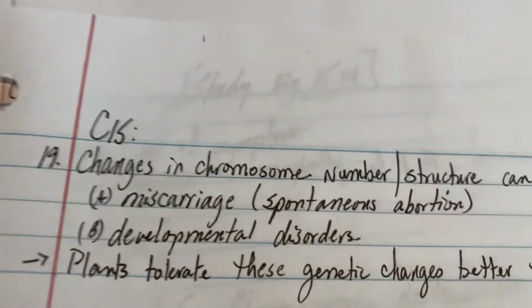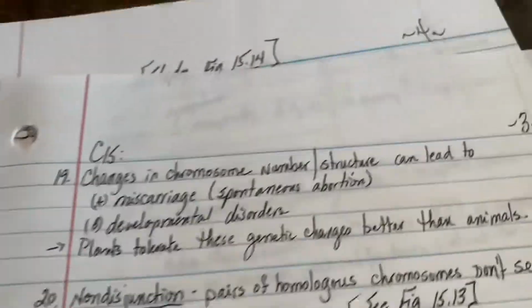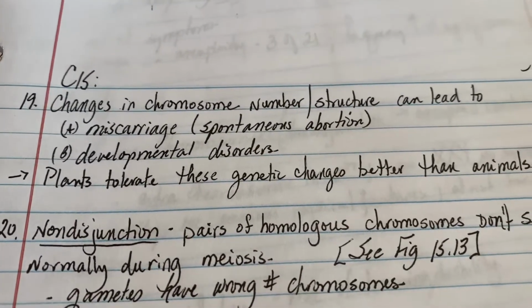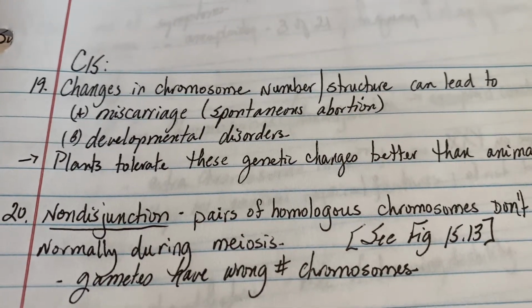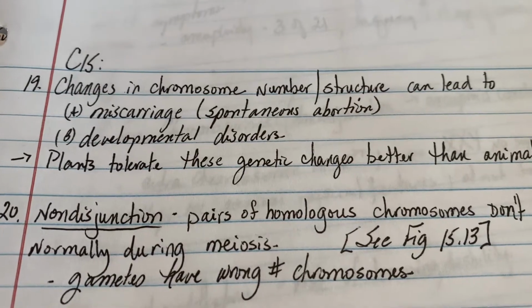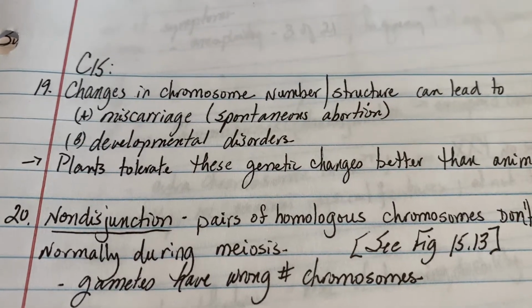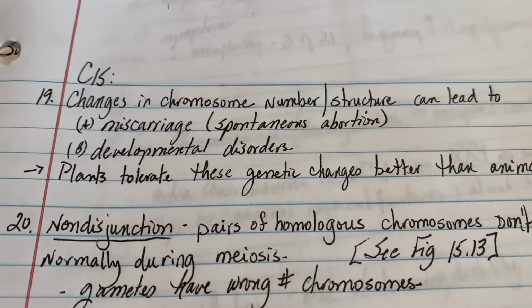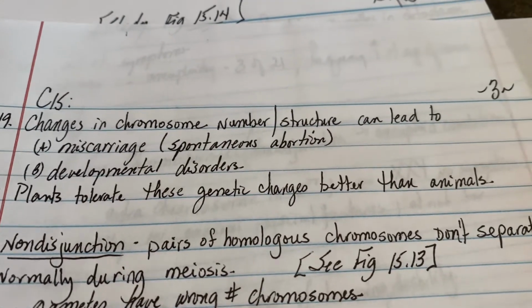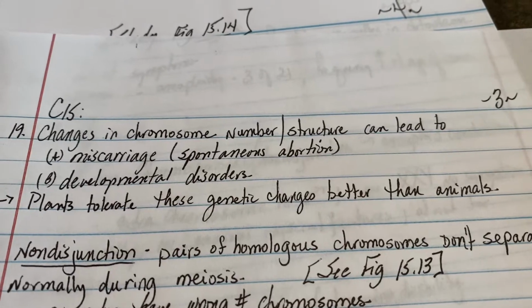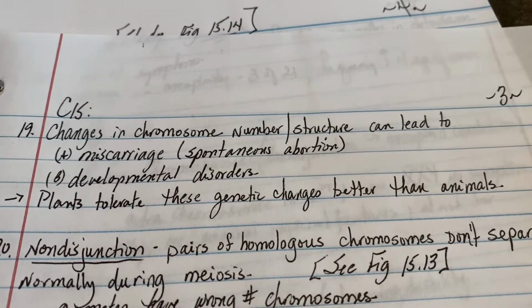Changes in chromosome number and structure, particularly in the development of an embryo and fetus, can lead to miscarriage, also known as spontaneous abortion, or some fairly dramatic developmental disorders. Plants, it's very interesting, tolerate these genetic changes much better than animals.